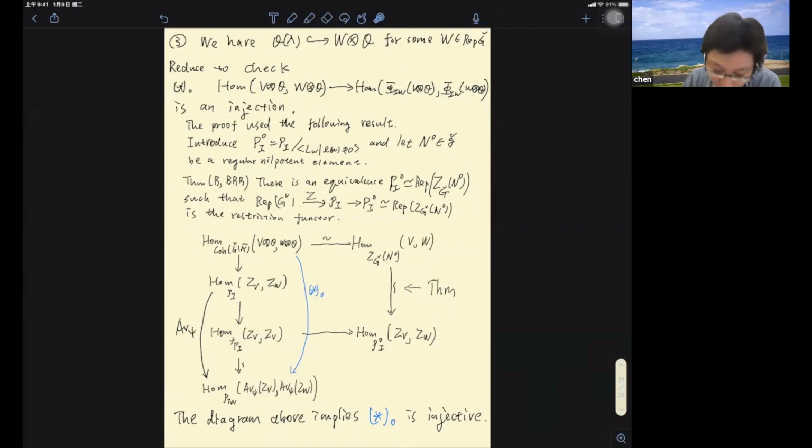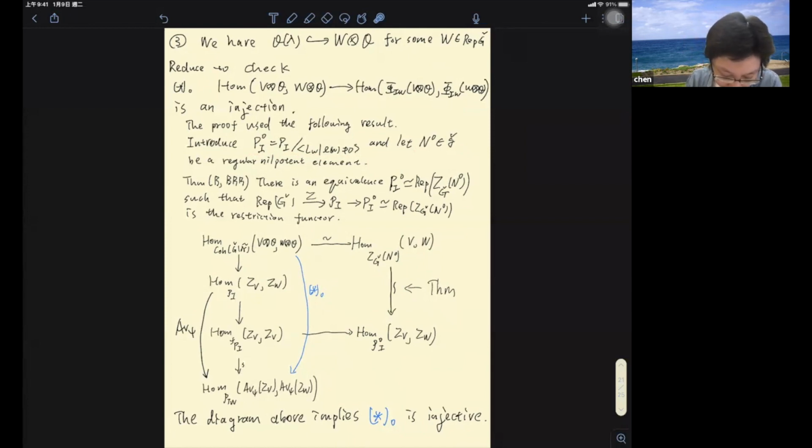And now to prove this, we have to use the following result of Roman, a previous result, and also now there's a new proof, by Roman, Simon Riche, and Laura Rider. So basically, we can introduce this quotient category of perverse sheaves on the Grassmannian, modulo those objects whose support has positive dimension, and let N_0 be a regular nilpotent element in the dual Lie algebra.